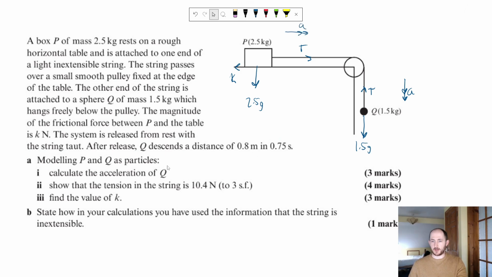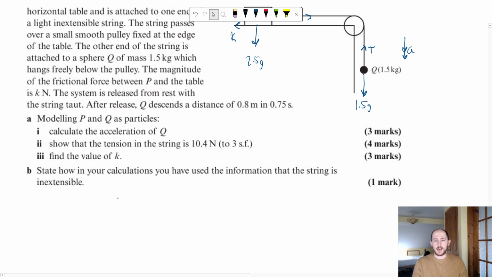So, for this question, because it's specifically asking me for acceleration and they gave me information in terms of SUVAT, let's do SUVAT. So, S is equal to 0.8, U is equal to 0 because it's released from rest, V is equal to don't know and I don't care, A is equal to don't know but I do care, and T is equal to 3/4 of a second.